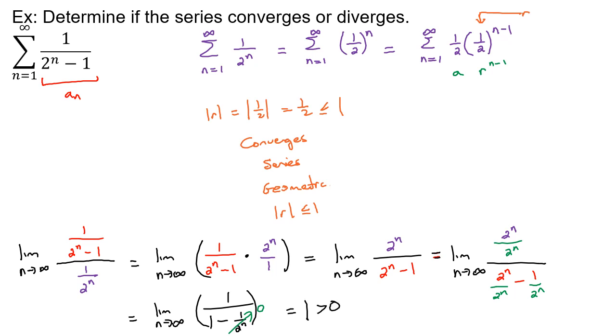It is a finite number greater than 0, which means b sub n and a sub n have to do the same thing. And if they have to do the same thing, and I know the b sub n part converges because it's geometric, then I know this series up here at the top that I started with has to converge by limit comparison.